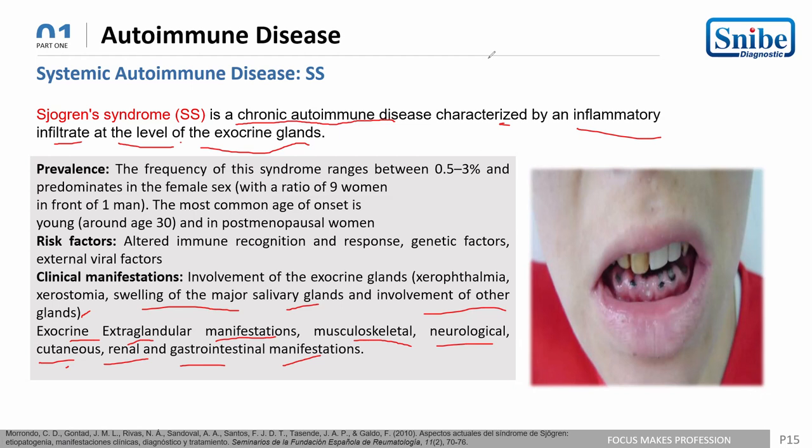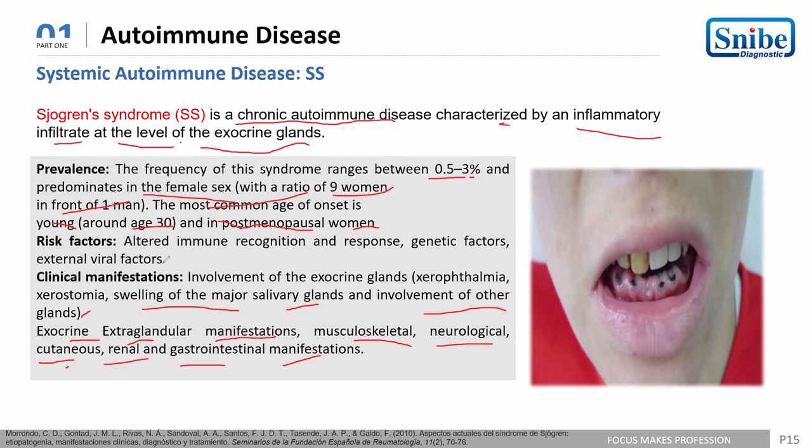The frequency of Sjogren's syndrome ranges between 0.5 and 3%, and it is more predominant in females, with a ratio of 9 women to 1 man. The most common onset in the young is around age 30, and in postmenopausal women. So postmenopausal women are more prone to Sjogren's syndrome, which is a systemic autoimmune disease.